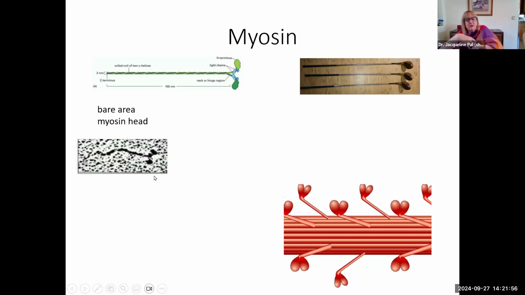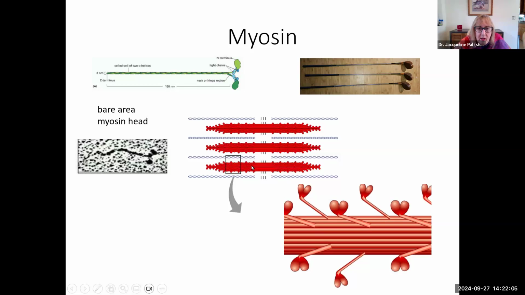And all their handles are in one direction. And then you take a whole other group of them and you turn them the other way. So here you can see all of these heads are this direction and the bare areas here. And then on these, all the heads are this direction and the bare areas are in the same area.